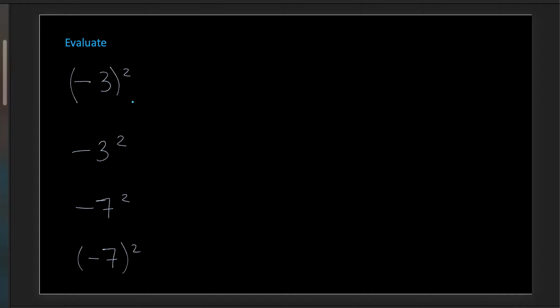I usually, 100% of the time, never get correct answers on that until I teach it. So you have to think about what an exponent basically means. The exponent tells you how many times to repeat this base number. So it's telling us to repeat -3 twice, so I'm going to do that, where we multiply them together.